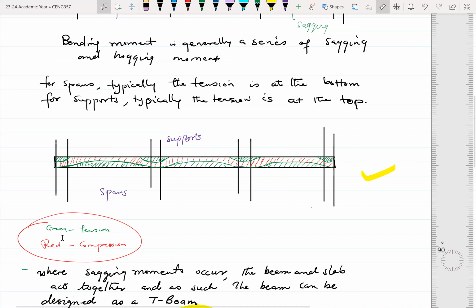So let's see a typical rebar arrangement, just to explain the concept to us.